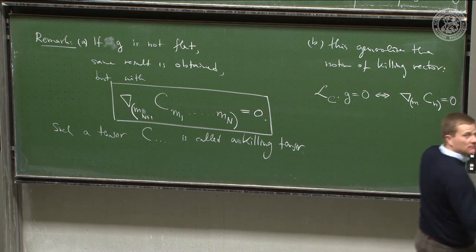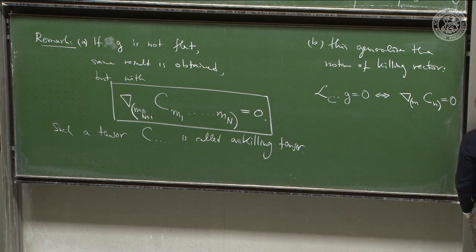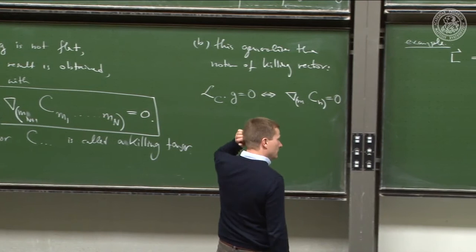Well, we have some more time left. Let's do an example. Let's take the angular momentum, the angular momentum components. These are the q's cross p's in the correct setting. You know how that works.